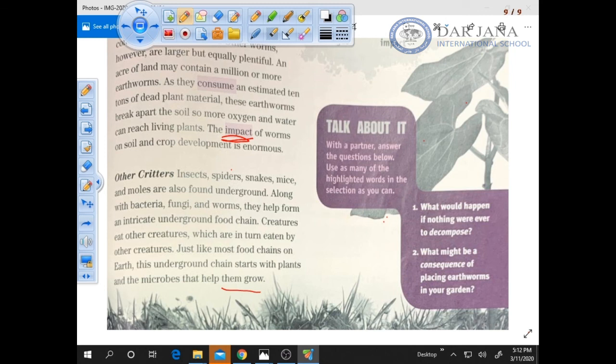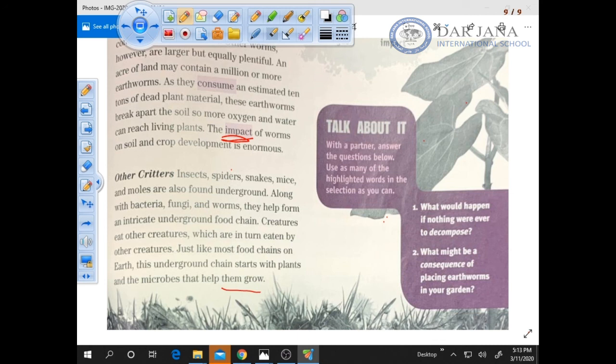Here it says, other critters, insects, spiders, snakes, mice, and moles are also found underground, along with bacteria, fungi, and worms. They help form an intricate underground food chain. Creatures eat other creatures, which are in turn eaten by other creatures.